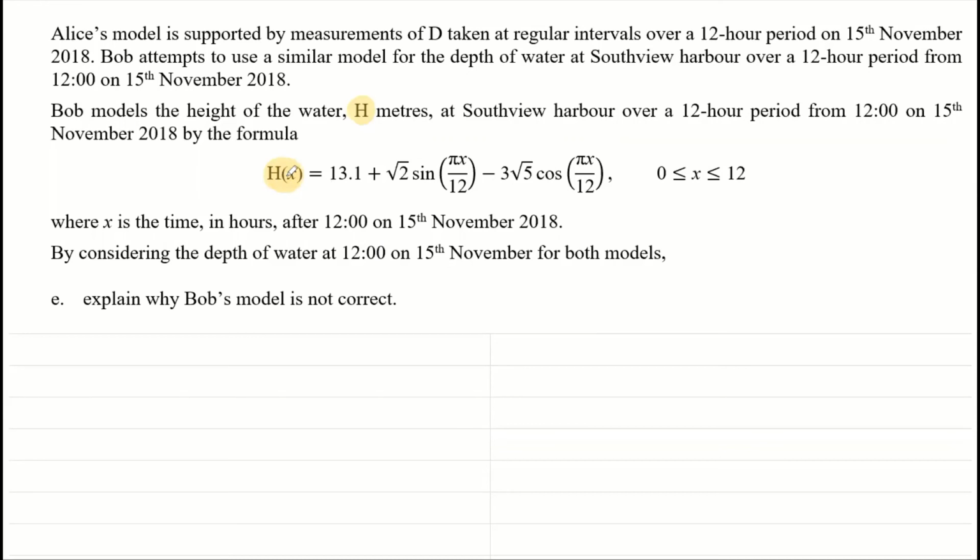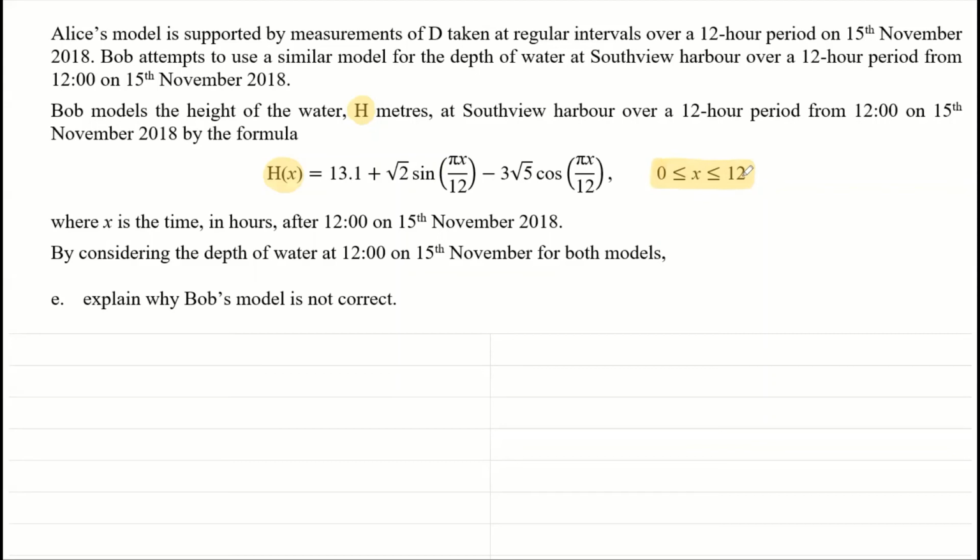Well, it looks as though X is basically the same variable t. Okay, it's the measure of time over a 12-hour period, and you can see that from the range of values of X, the domain. Now, so it looks like, apart from calling it H and substituting in X for t, we've got the same model, but closer inspection will reveal that this is not the same model.